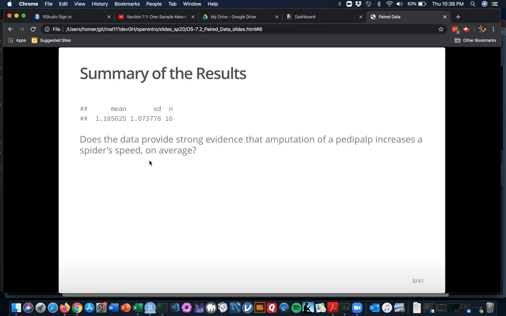Is that difference so big that it can't be just reasonably explained as chance variation in what spiders got into the sample, but is it really indicative of the fact that losing a pedipalp makes you faster, just generally for spiders out there?